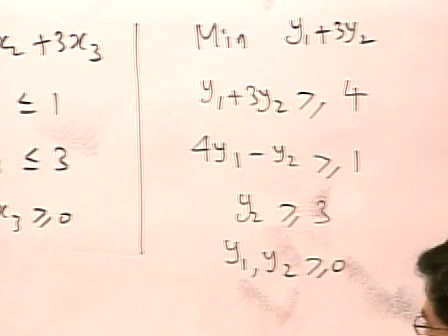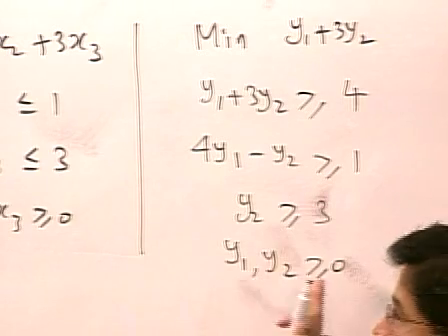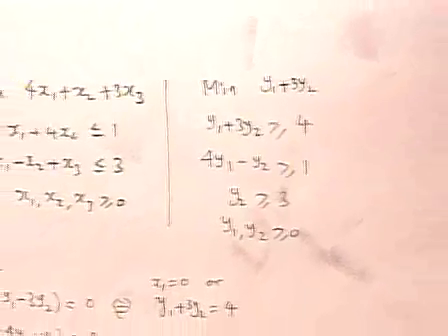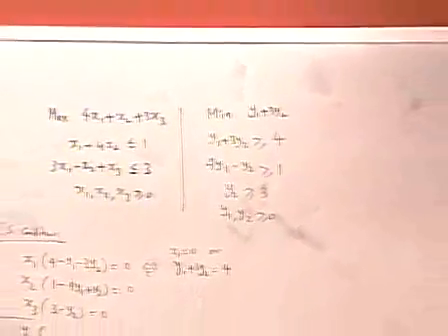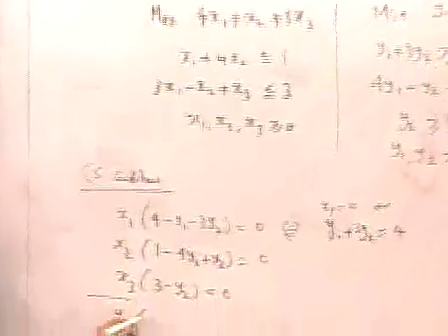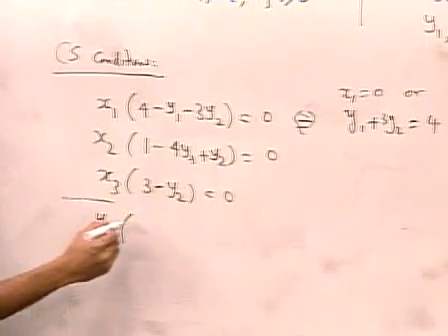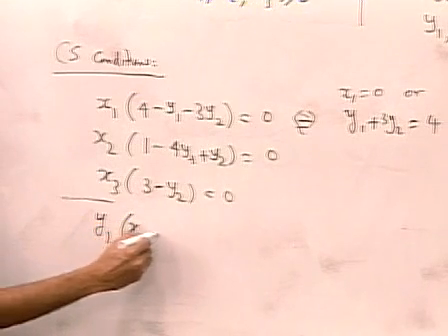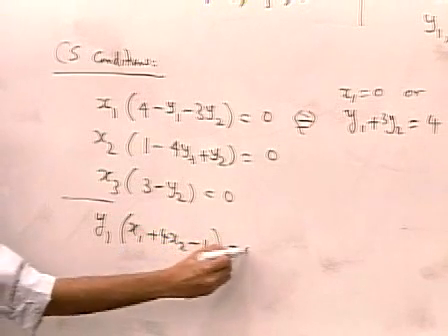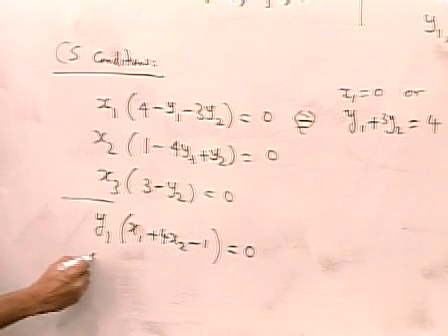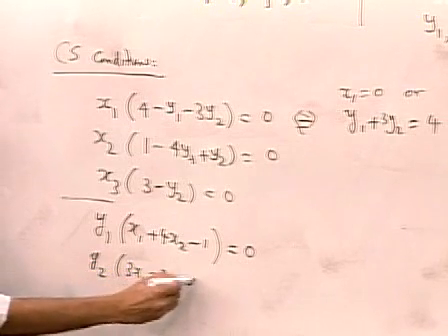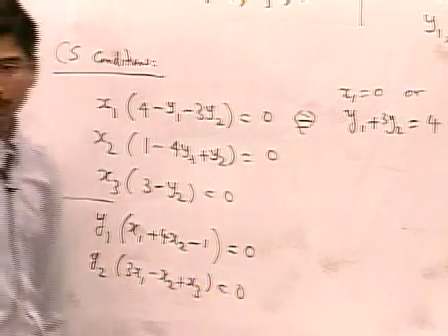So this is one set of CS conditions, and the other set of CS conditions are the exact analog. So you have y1 times (x1 plus 4x2 minus 1) equal to 0. Similarly, y2 times (3x1 minus x2 plus x3 minus 3) equal to 0.